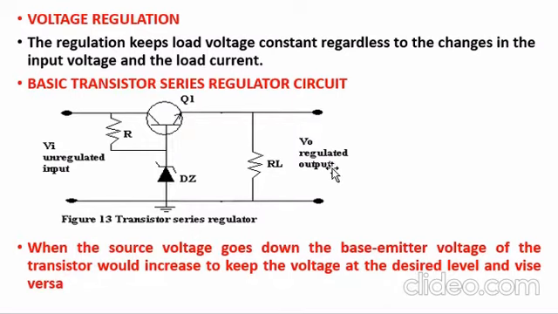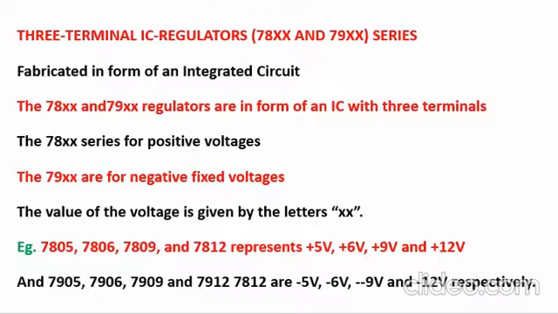Now, apart from that, we also have a 3-terminal regulator, which is normally given as the 78XX or 79XX series. The 78XX are the ones that will give you positive DC voltage: 5 volt, 9 volt, 12 volt, 15, and the rest. And the 79XX are the ones that will give you negative voltage, and they are fabricated in form of an integrated circuit, that is IC.